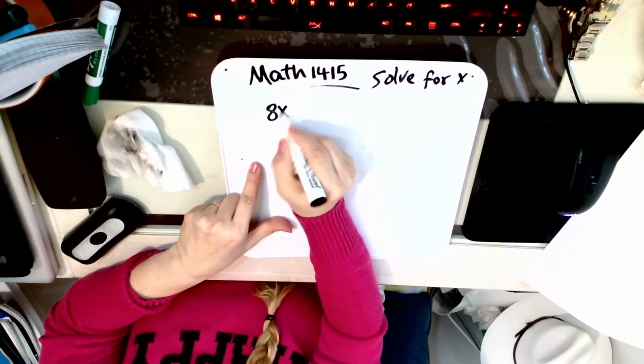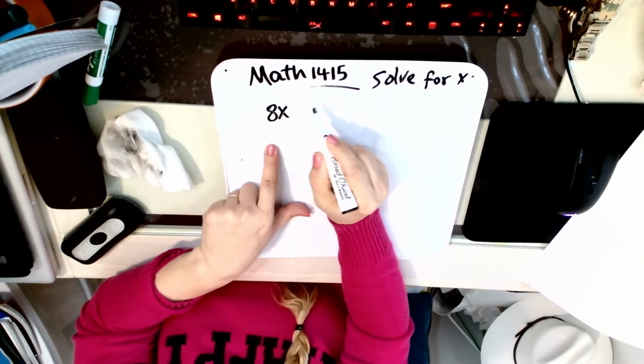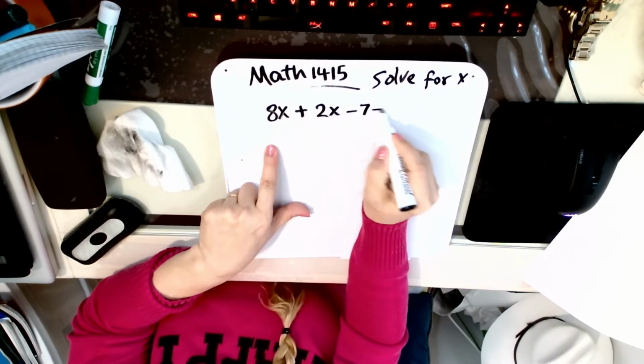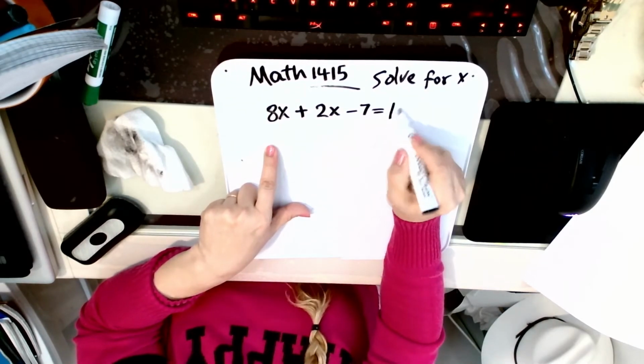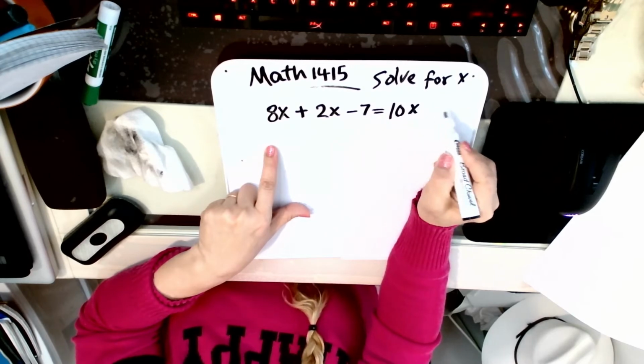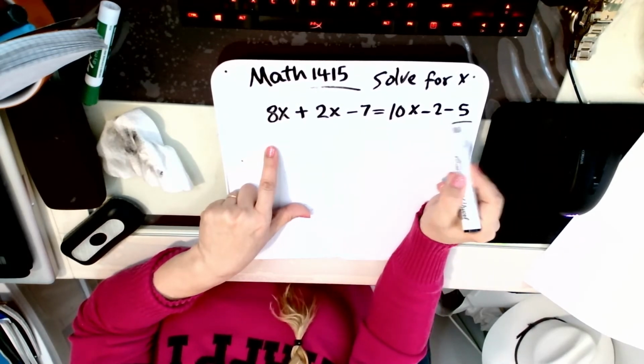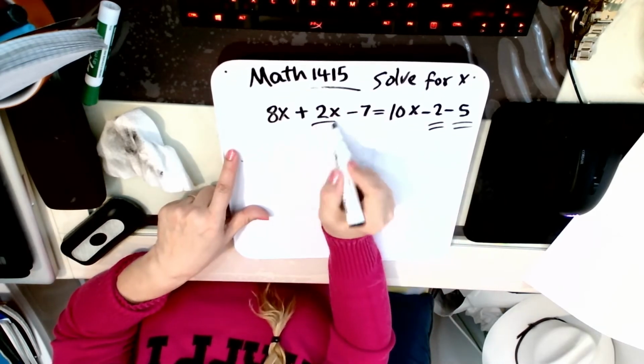8x plus 2x minus 7 equals 10x minus 2 minus 5. Look for the similar terms and add them together.